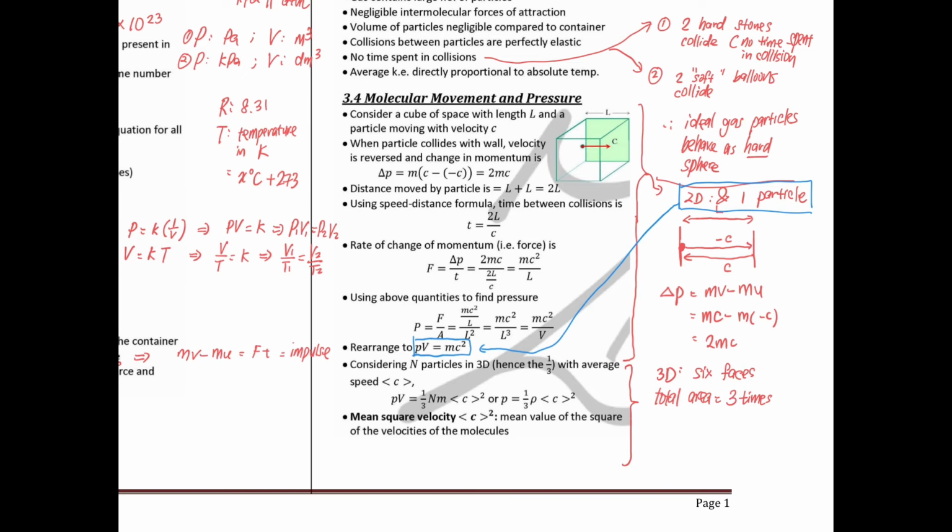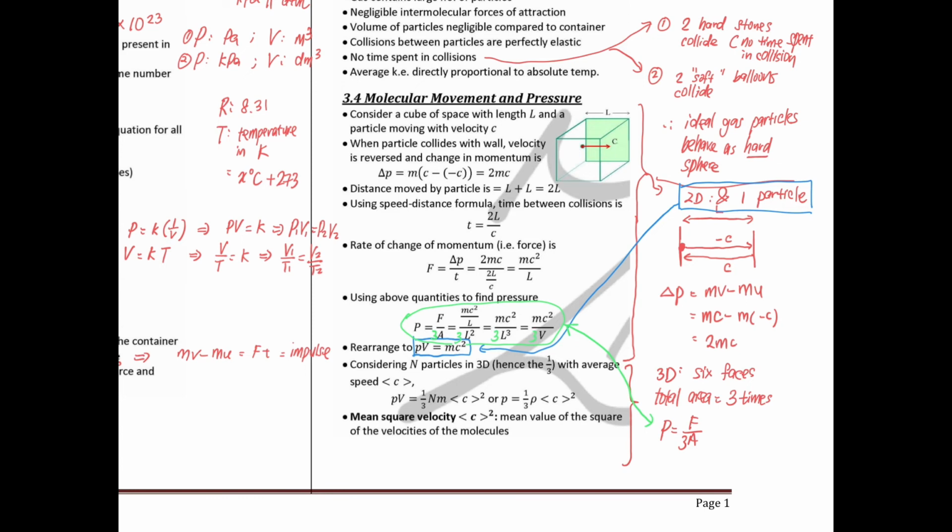So pressure, I write down, pressure equal to force over area. The area is 3 times greater. So that's why if you do the same thing as in here, I circle in green color, you should have 3 times of the area, 3L square, 3L cube, 3 at the bottom.